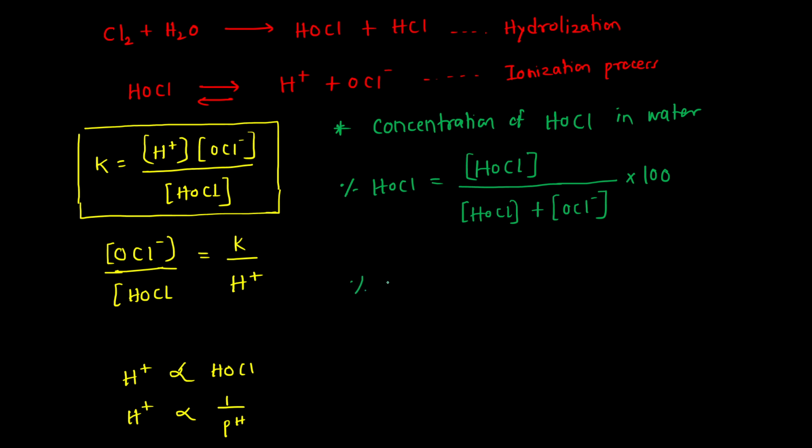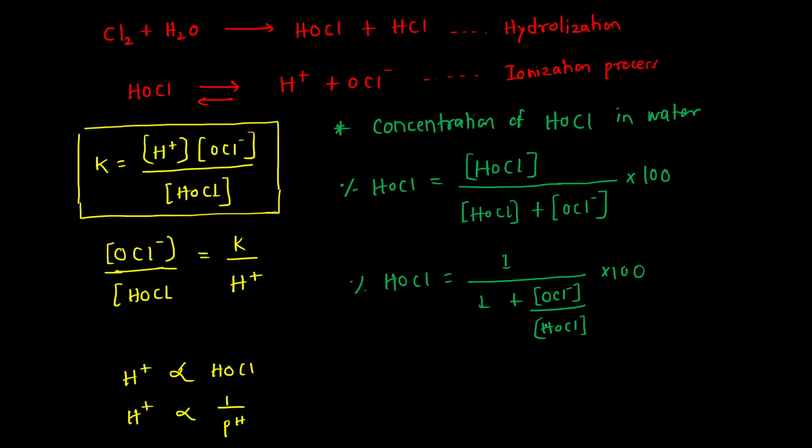We can also write it by dividing by HOCl: in the numerator, HOCl divided by HOCl is 1, and in the denominator, 1 plus OCl minus divided by HOCl, into 100.